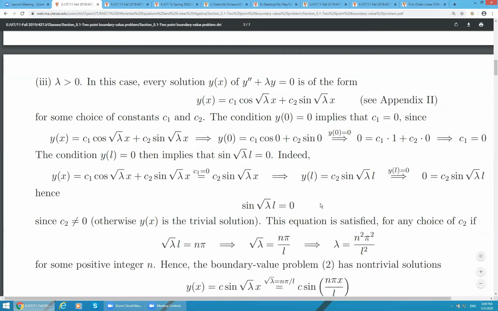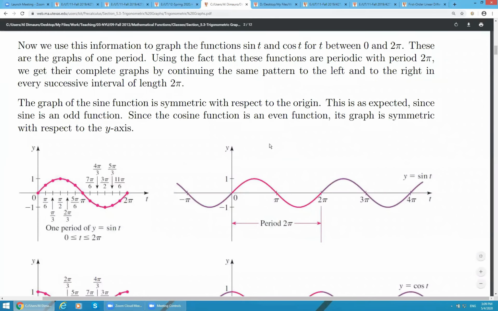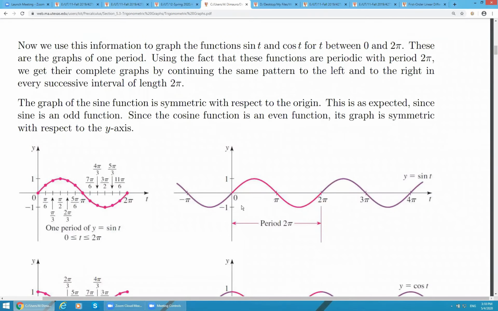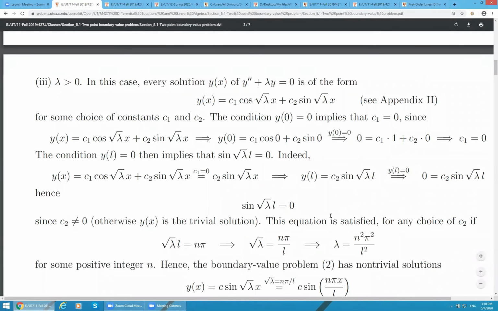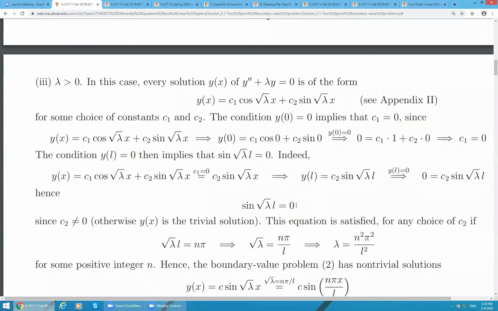Lastly, by trigonometry, looking at the graph of sine, we see that sine of t is equal to 0 only if t is equal to an integer multiple of pi. Therefore, going back to our equation, since sine of square root of lambda L is equal to 0, square root of lambda L is an integer multiple of pi.